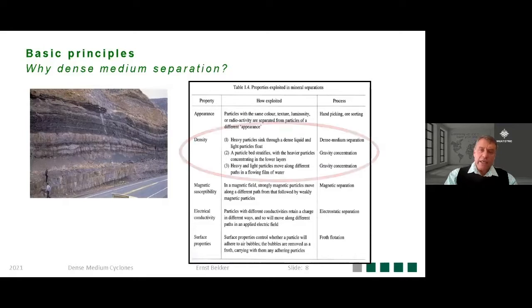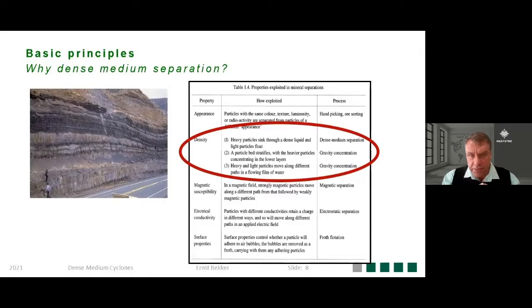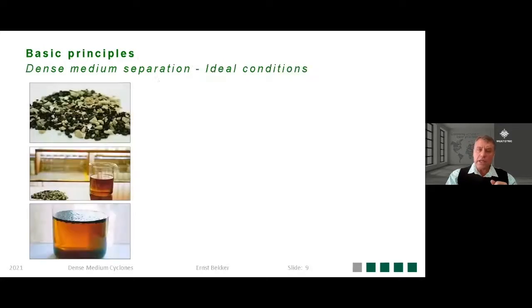Wherever there is a density difference between a valuable and non-valuable, then dense media separation is a very viable option to consider. You may sometimes have multiple options to extract this valuable from the ground, and whichever one is more economical, that's the one that you would normally choose.